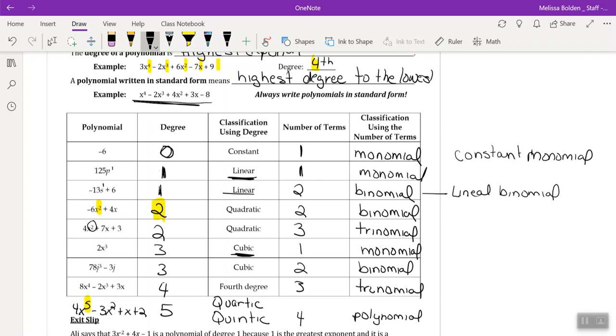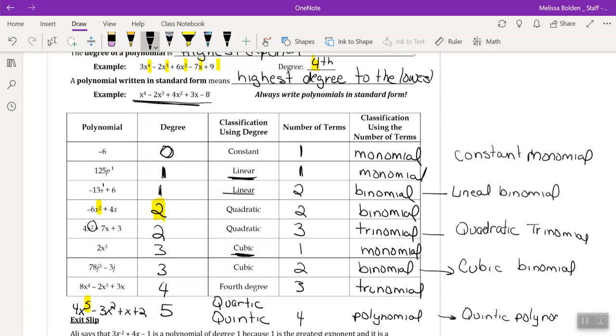We could say that this is a quadratic trinomial. We could say that this is a cubic binomial. And this would be a quintic polynomial. So we're going to use both phrases to classify it.